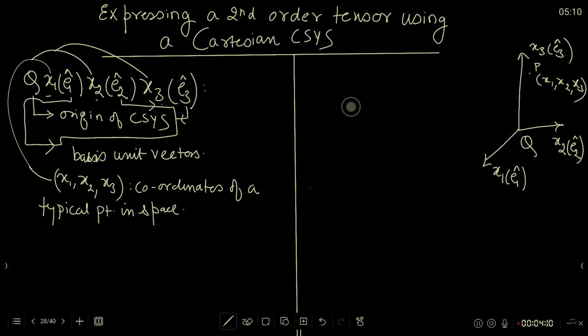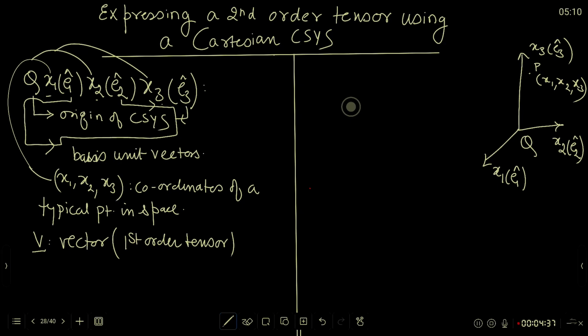I want to express a second order tensor using this Cartesian coordinate system. Before I do that, let's remind ourselves how we would express a vector using this Cartesian coordinate system. So if V is a vector, which by the way is a first order tensor, how do we express this?